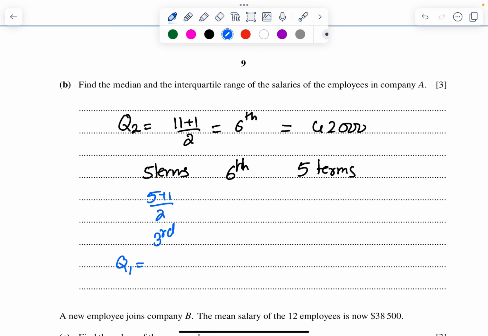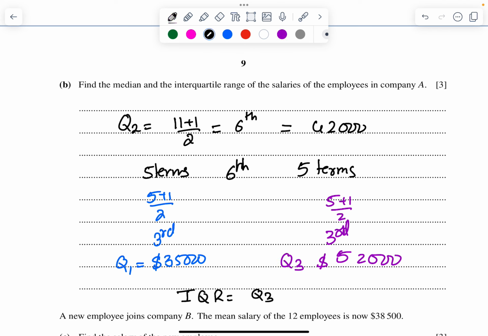What is the third term? 35,000. And over here also 5 plus 1 by 2, third term from the sixth term, which is going to be 52,000. That is Q3. So what is IQR? IQR is Q3 minus Q1, which is 52,000 minus 35,000, which is 17,000.